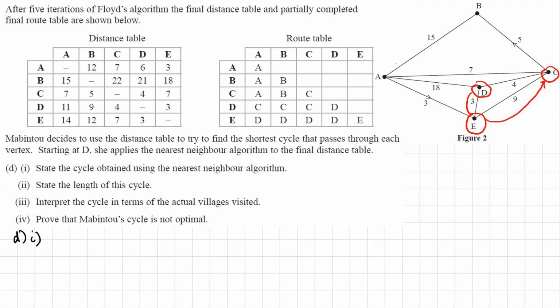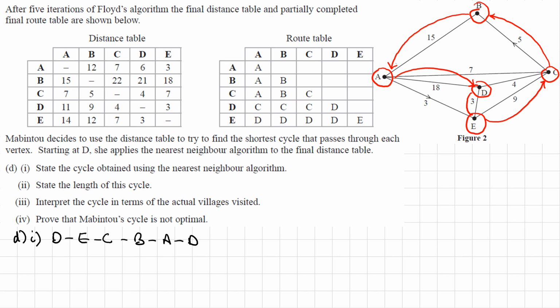The next nearest neighbour is B, on this route here. And then the nearest neighbour from there is A. And then from A, we need to return back to D. So using the nearest neighbour algorithm, we have a route of D, E, C, B, A, D.